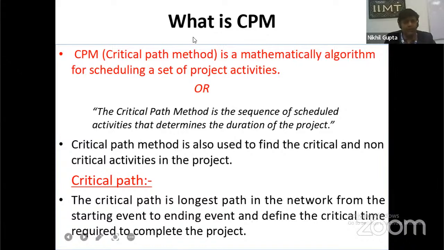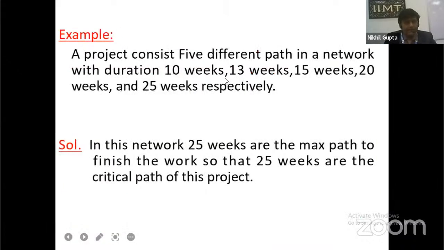To understand what is CPM, I'm taking an example. The example is a project consisting of 5 different paths in a network. The duration of these different paths is: first path is 10 weeks completion time, second is 13 weeks, third is 15 weeks, next are 20 weeks and 25 weeks respectively.